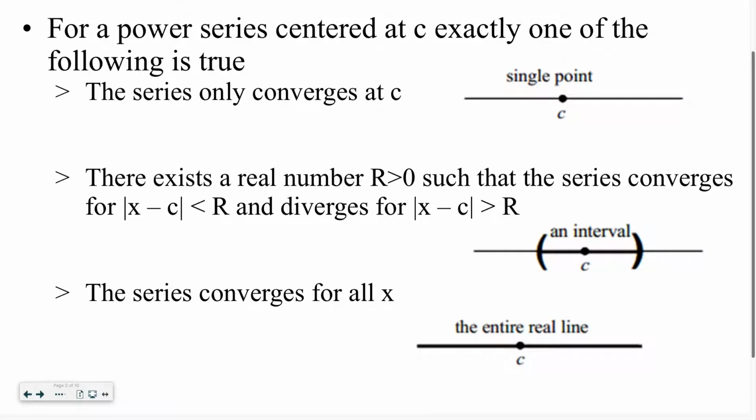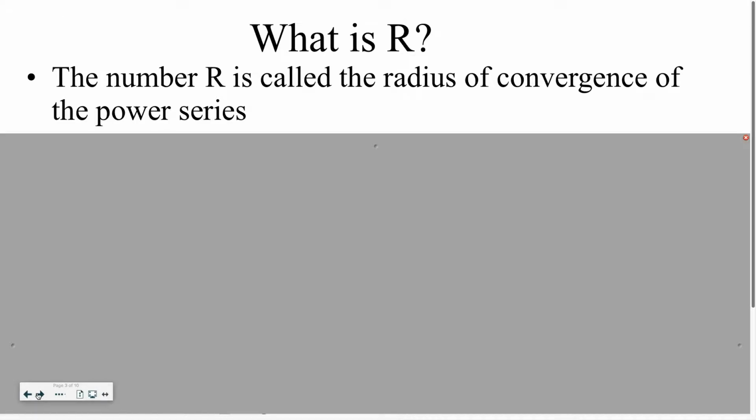Okay. So here's what is going to happen. Let's talk about R. Capital R is what we call our radius of convergence. Now, our radius of convergence, that's how far we're going to go out from the center.